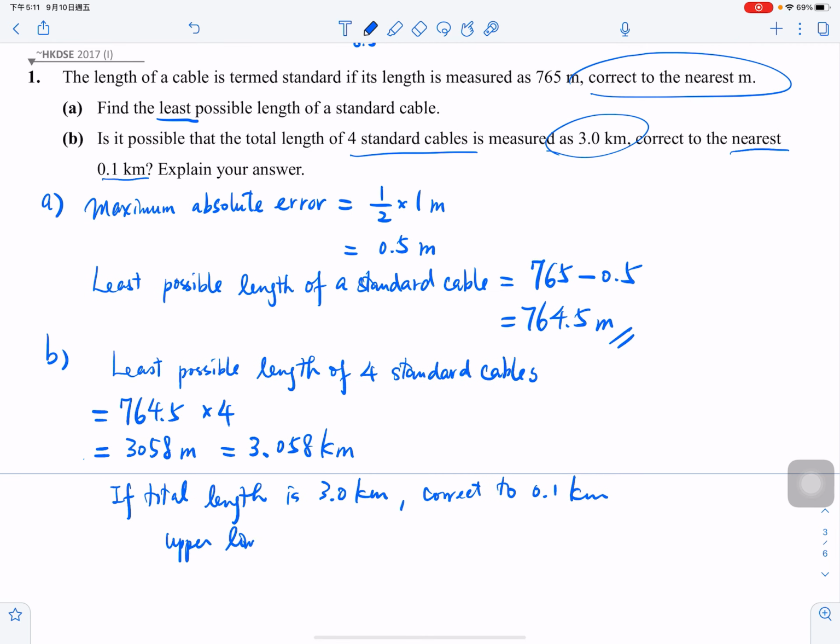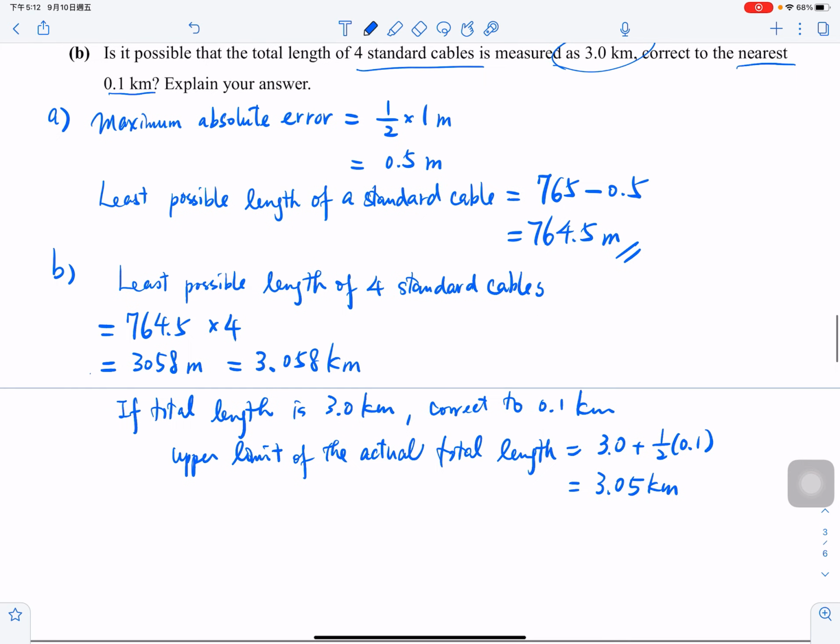Look at the upper limit. What is the upper limit of the actual length? The actual total length. Okay? So what is the total length? That means 3.0 plus, now correct to 0.1 kilometers, that means plus half of 0.1. Okay? So 3.05 kilometers.